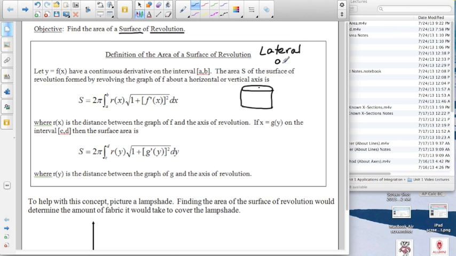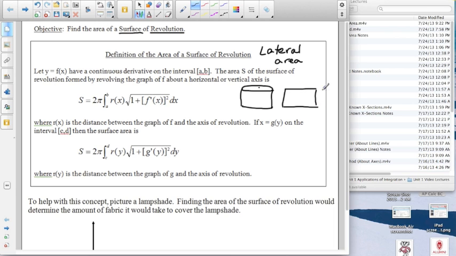And so when we're talking about the lateral area of a cylinder, we're talking about taking this curved surface here. If you remember back from geometry, we could cut that curved surface and unroll it, and it would just become a rectangle.